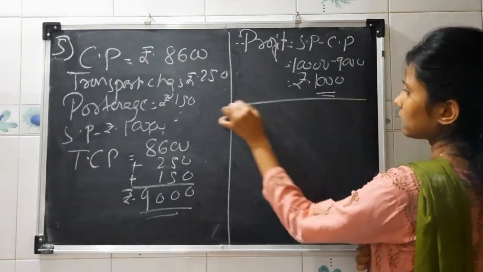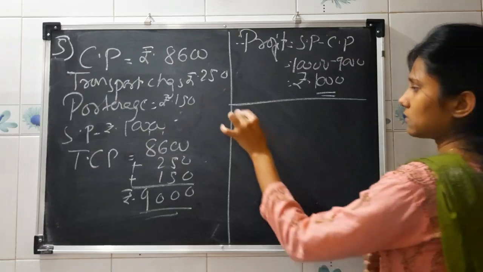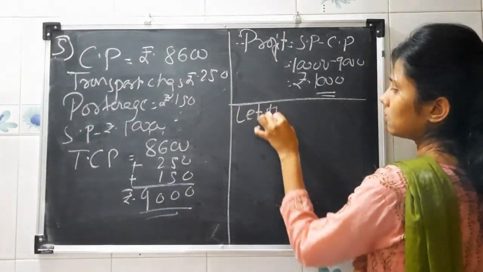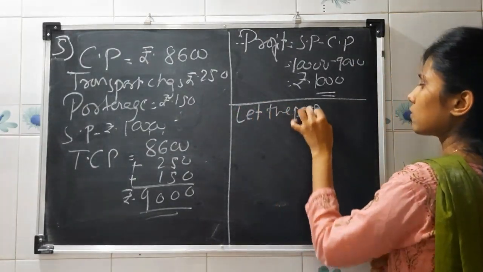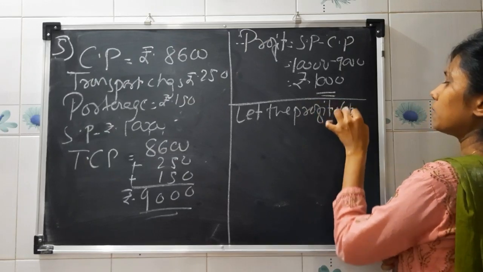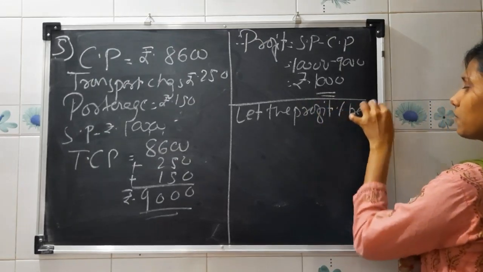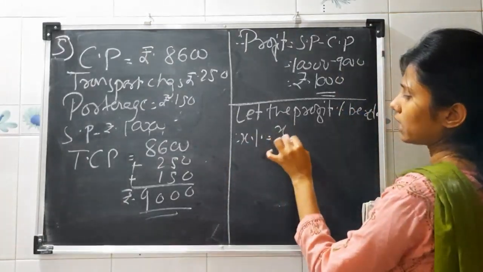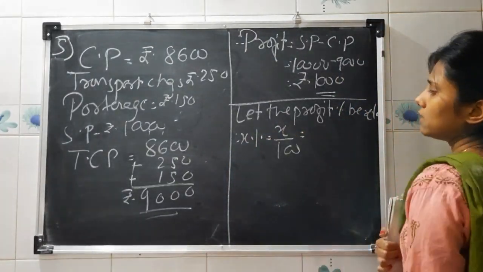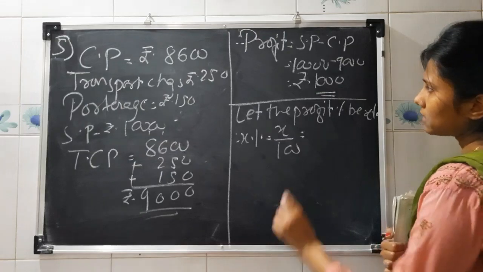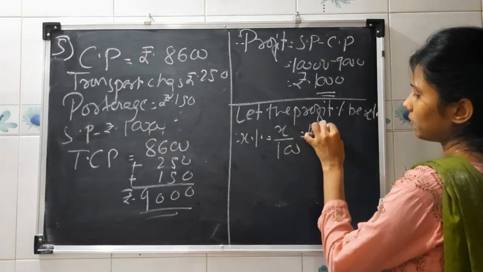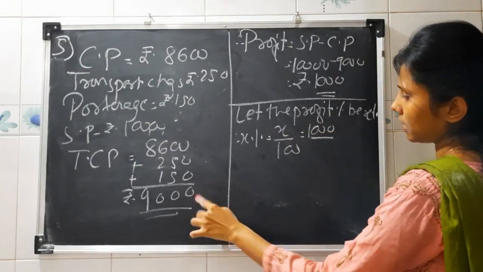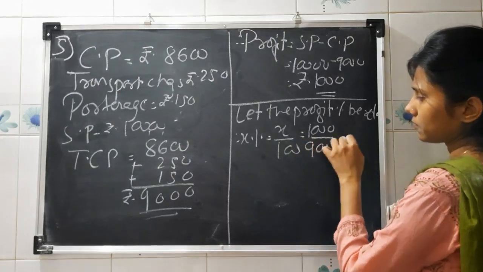Now profit percent. So let the profit percent be X percent. Therefore X percent is equal to X upon 100 is equal to profit earned by Samata rupees 1000 upon cost price 9000.